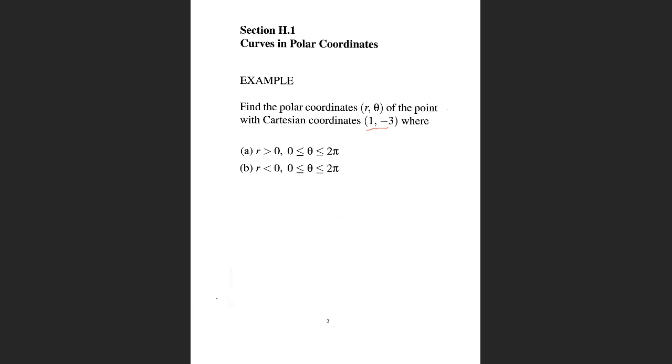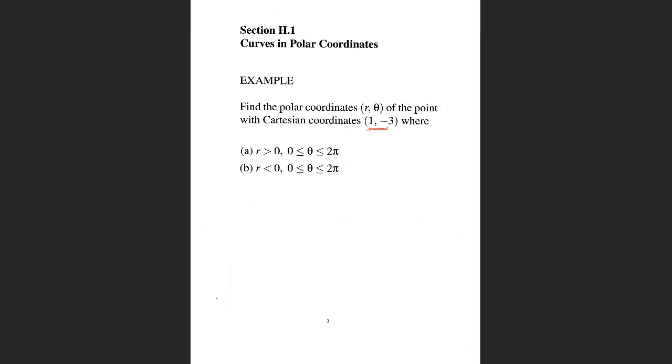This is an example where we have a Cartesian coordinate that's not one of the friendly points. With some Cartesian coordinates, like the previous example, you can figure out the angles right away.